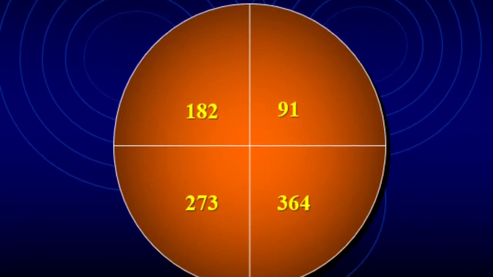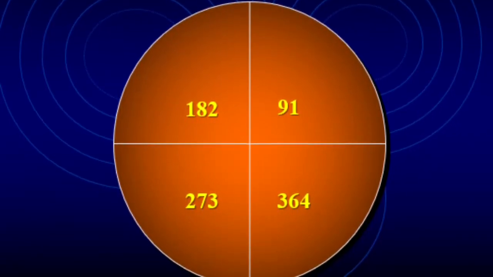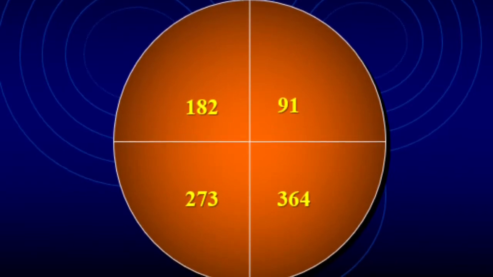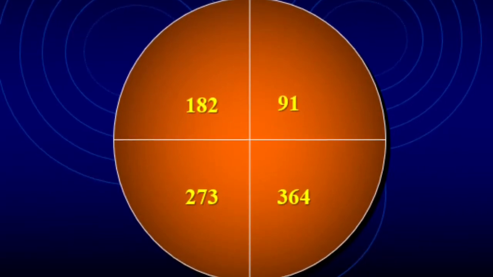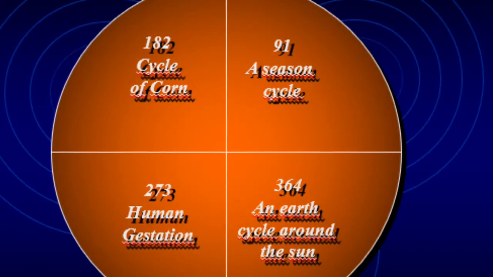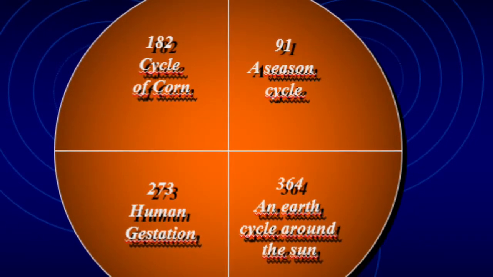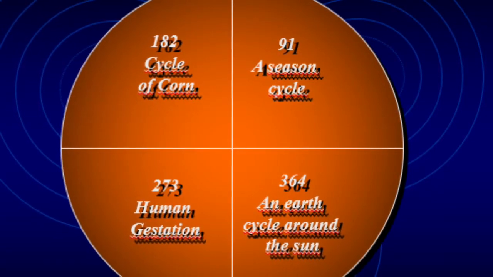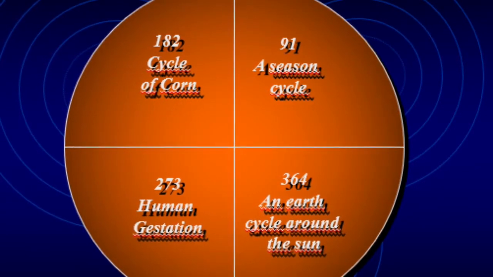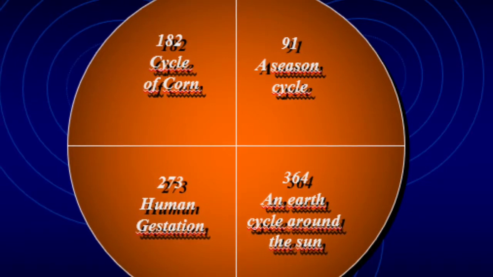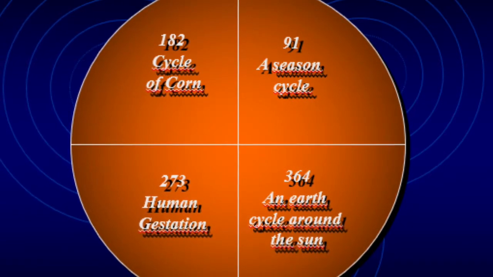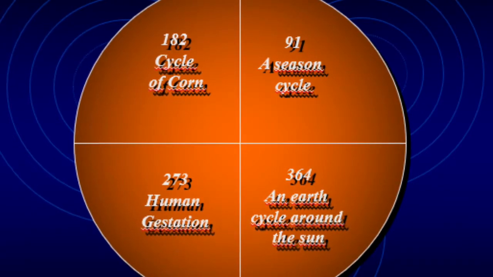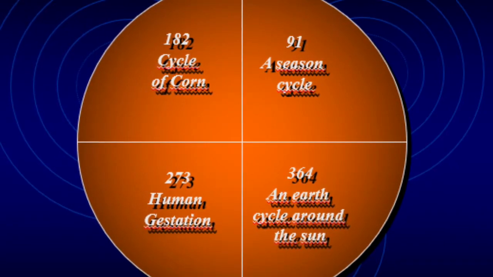That means a complete year around the earth, plus 1 day and a quarter, of course. So as you can see, this Mesoamerican abacus that apparently is just for adding, subtracting, multiplying, and dividing is based on human and nature cycles.